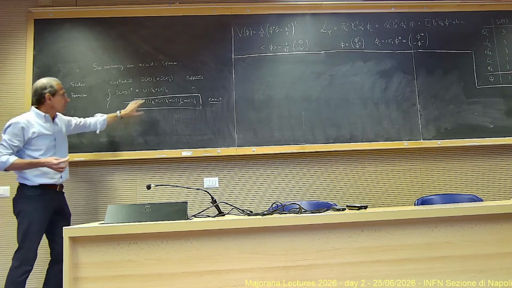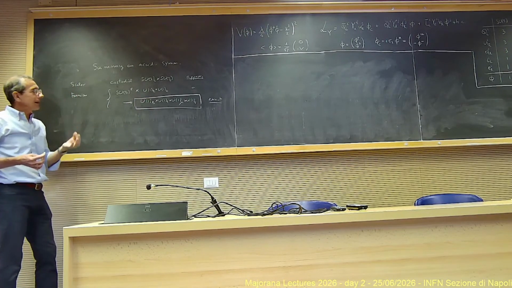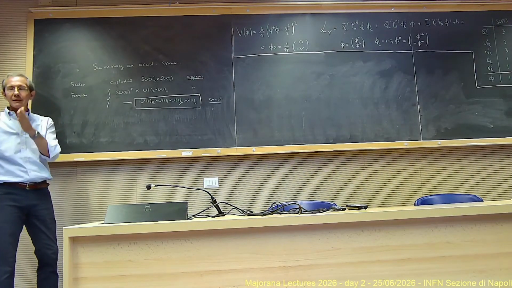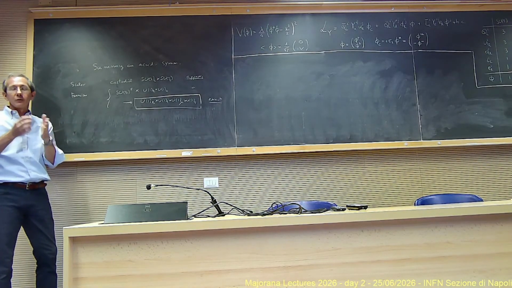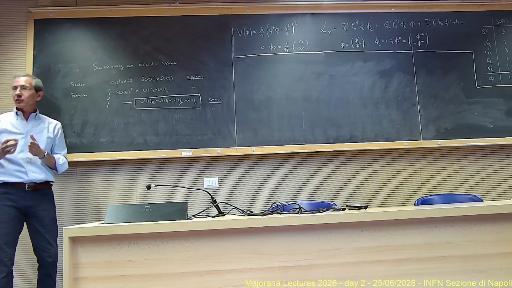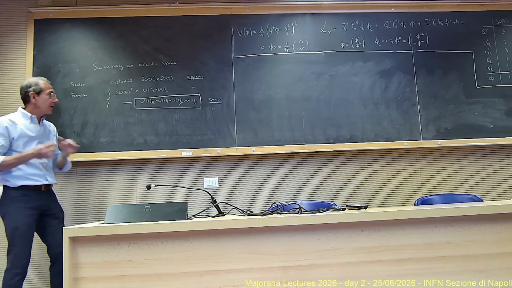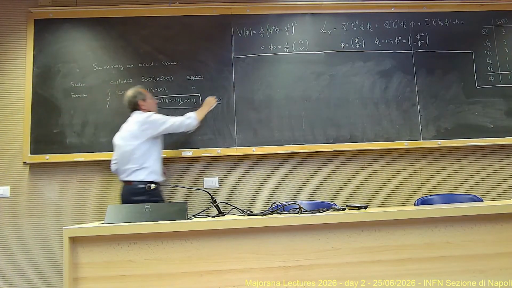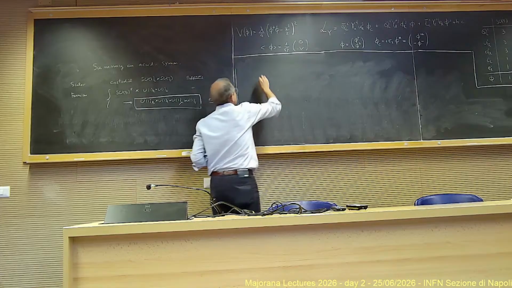On the other hand, the only clear evidence that goes beyond the standard model is neutrino masses, because neutrino masses break lepton number.